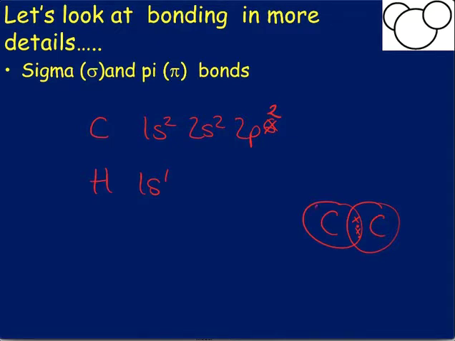And we now know that there is a shared pair with an H here, an H here, an H here, and an H here. And it is going to be the outer energy level electrons that are involved.